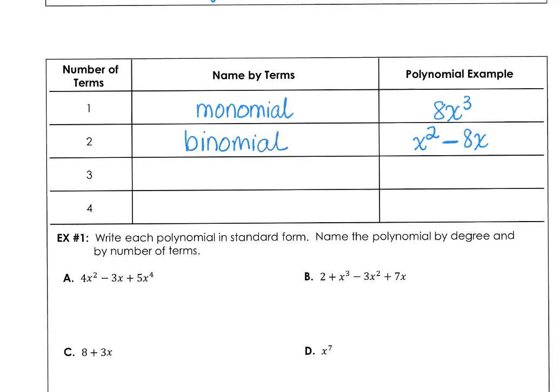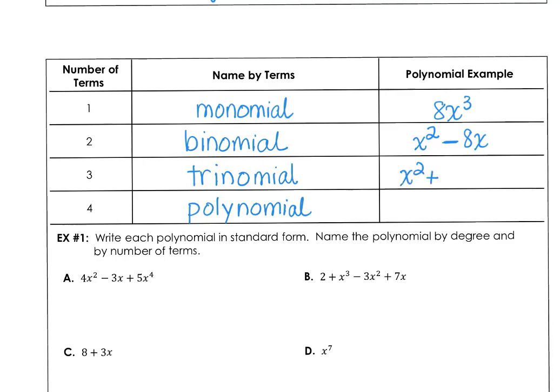A binomial. When we have three terms, that would be a trinomial. And you can write an example for yourself. And then we have four terms or more. We're just going to name that as polynomial. Poly means many, so polynomial.